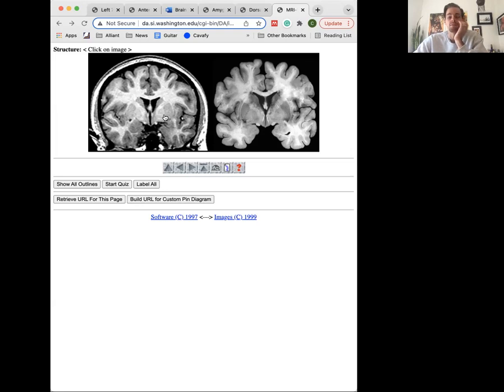And so the ventricles are hollow spaces within the brain that are filled with cerebrospinal fluid, and they are really important for playing a role in creating cerebrospinal fluid. And these fluid-filled structures called the ventricles lie deep inside the brain.